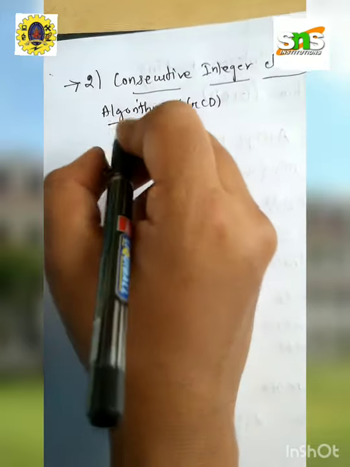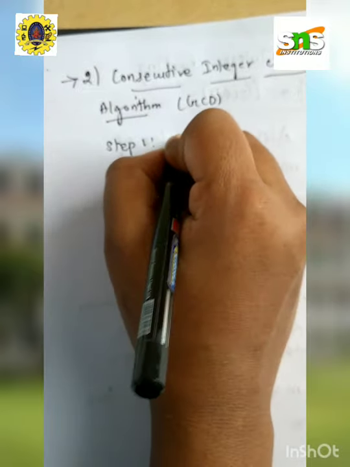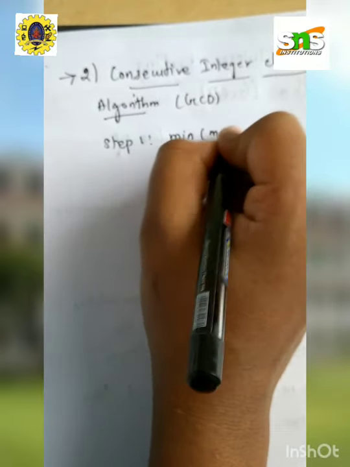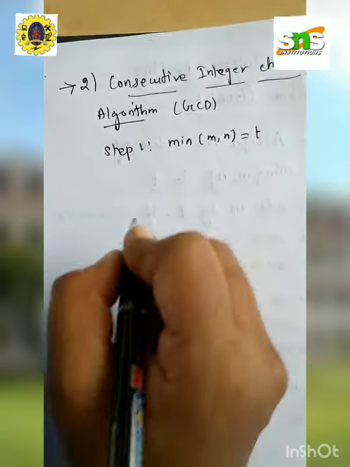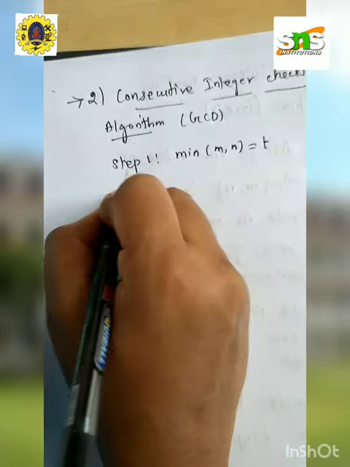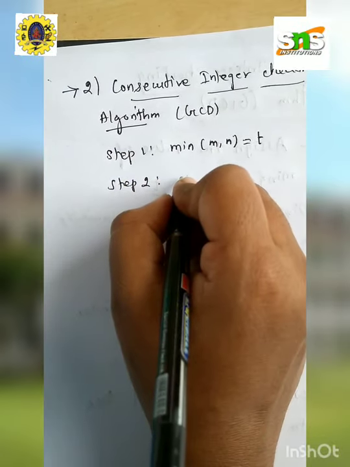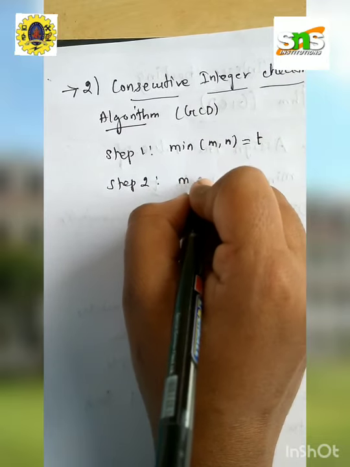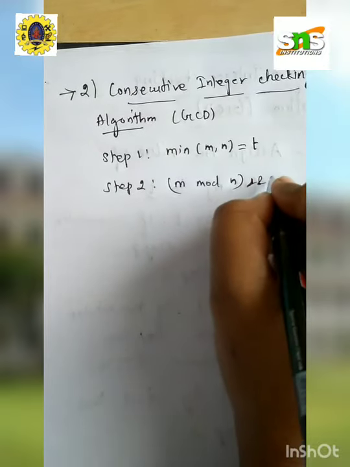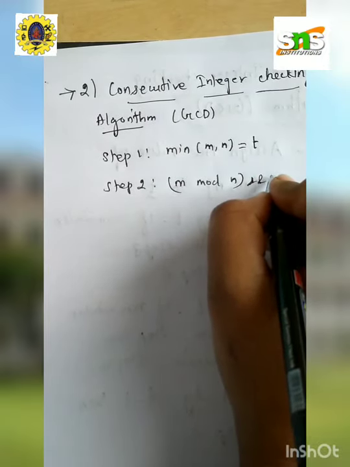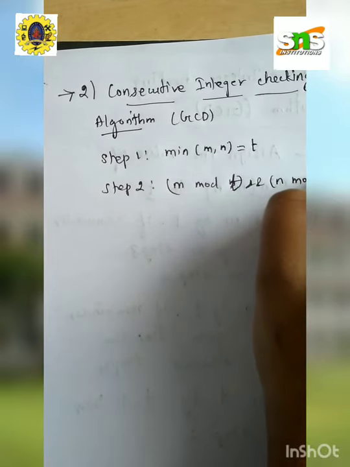Here, in step 1, you find the minimum of m comma n and assign this value to t. This is the first step. Second step, take m mod t and n mod t.